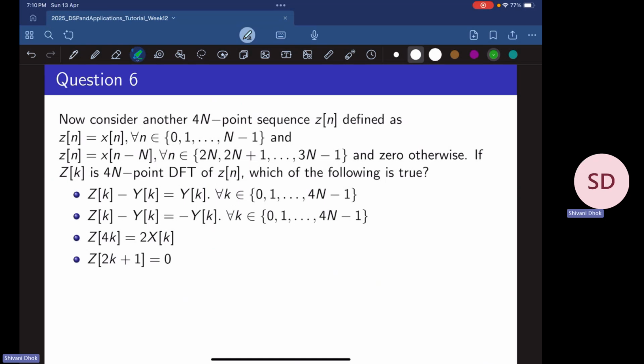It says to consider another 4N point sequence z of n defined as z of n is equal to x of n for n equal to 0 to N minus 1, and z of n is equal to x of n minus capital N for n equal to 2N, 2N plus 1 and so on, and it is 0 otherwise.